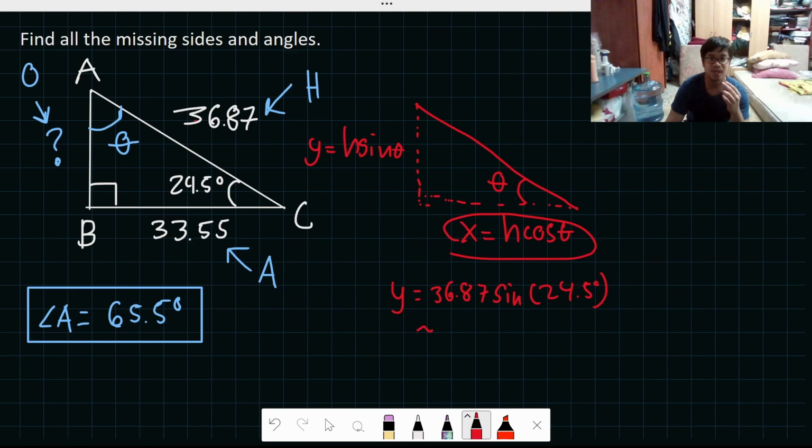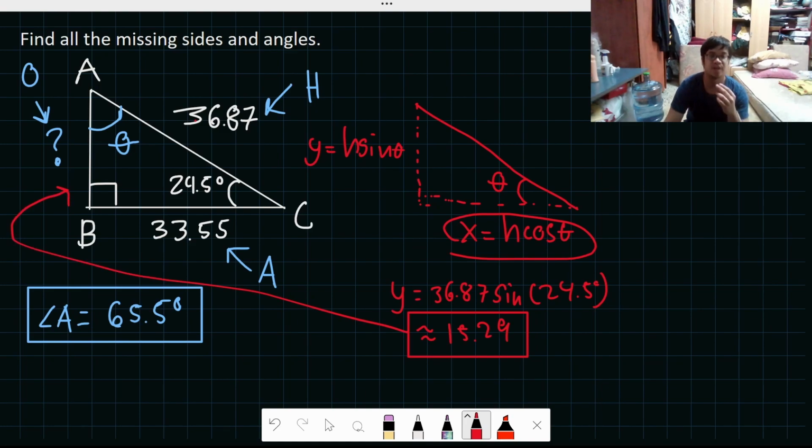And the answer is still the same. So approximately, this is 15.29. And yay, that's it. That is our answer for our vertical side of the right triangle. And we're done. That's it.